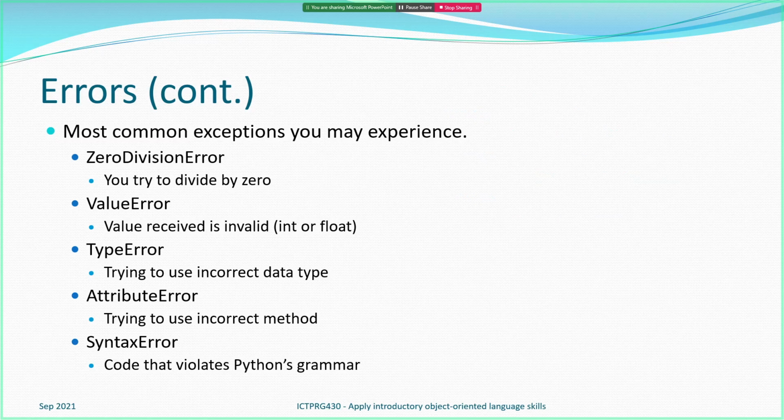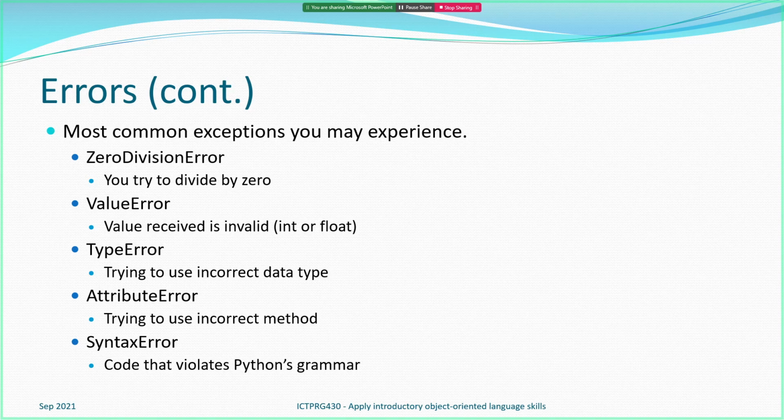So some of the most common error codes are zero division error, value error, type error, attribute error, and syntax error. It's bad if we try to divide by 0. Okay, it spits us out an error straight away. Value errors are if it's the wrong data type.